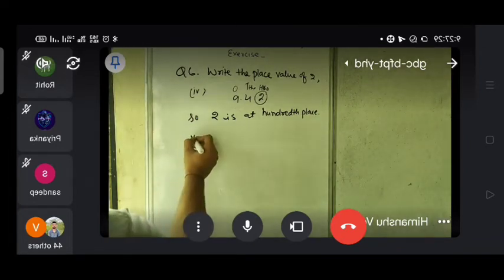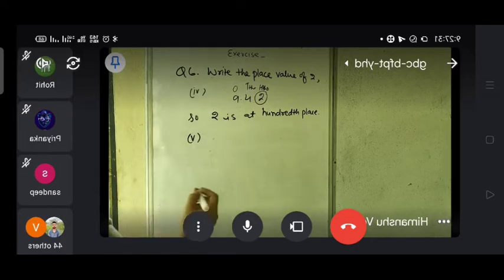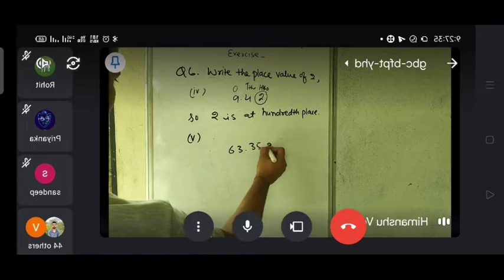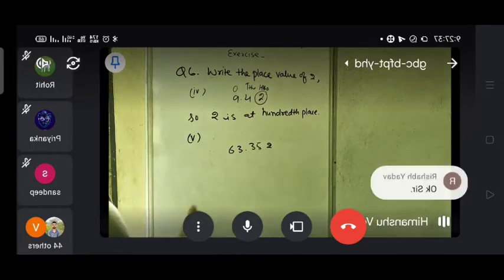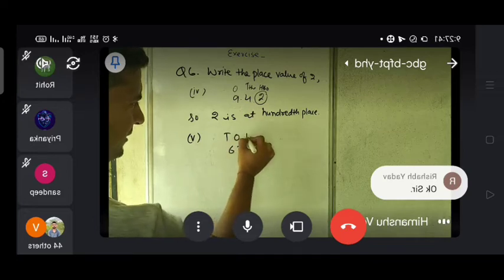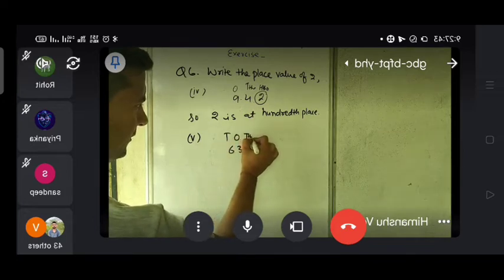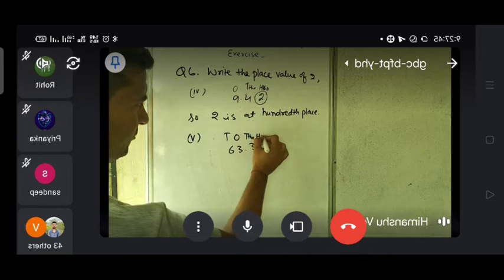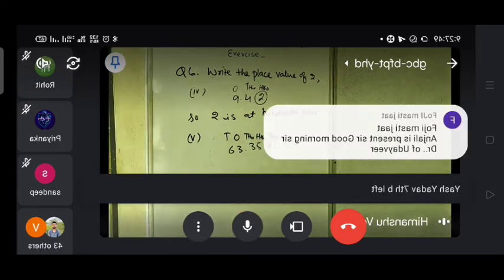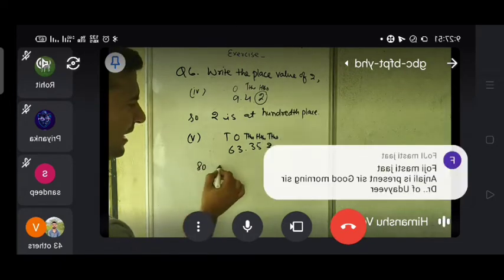Next, part number 5. The number given is 63.352. So here 6 is at tens place, 3 at ones place. This is tenth place, this is hundredth place, and this is thousandth place.